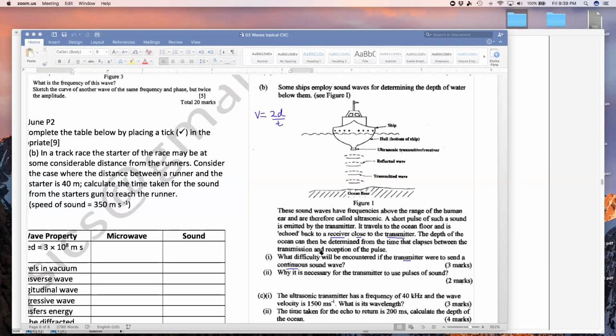All right. So what difficulty would be encountered if the transmitter would send a continuous wave? The detector would not be able to differentiate reflected sound from transmitted sound. I'll write that somewhere.